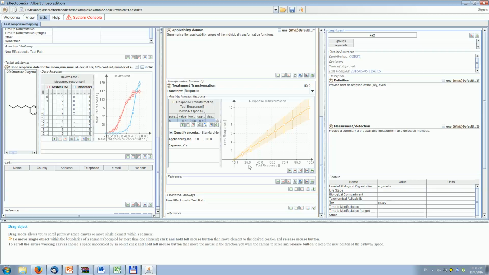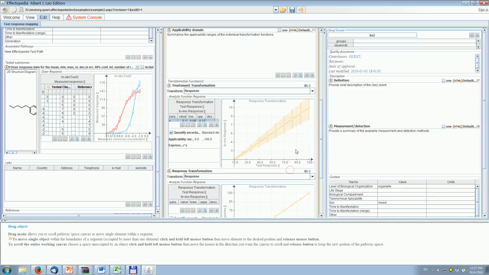And here we have our test response from 0 to 100, and then we can see that the in vivo response scaled by this response function is from 0 to 10. Let's also transform the statistical error.